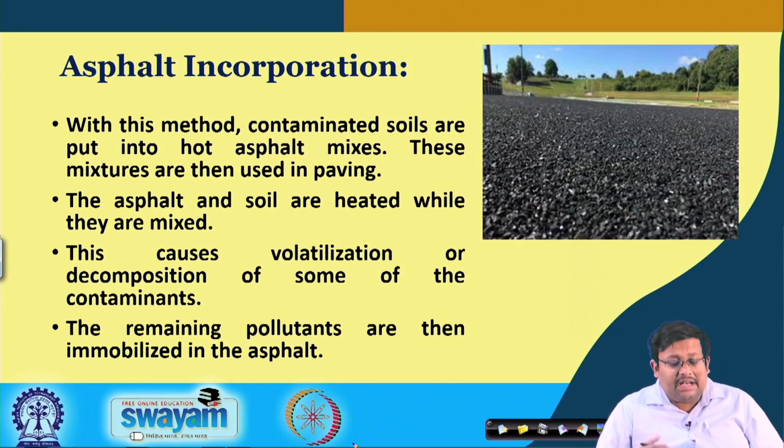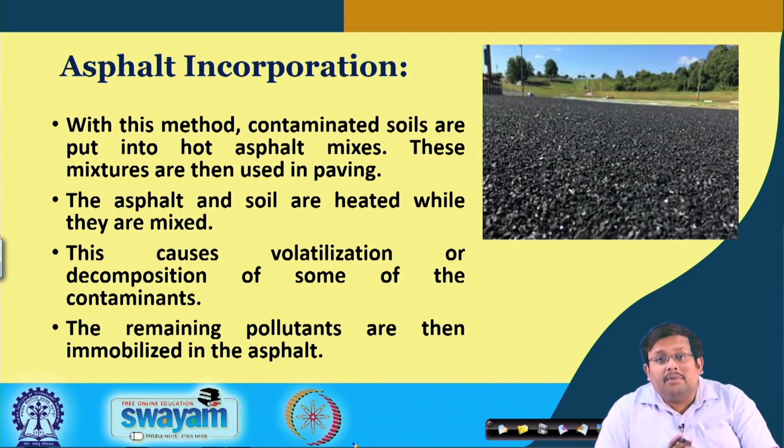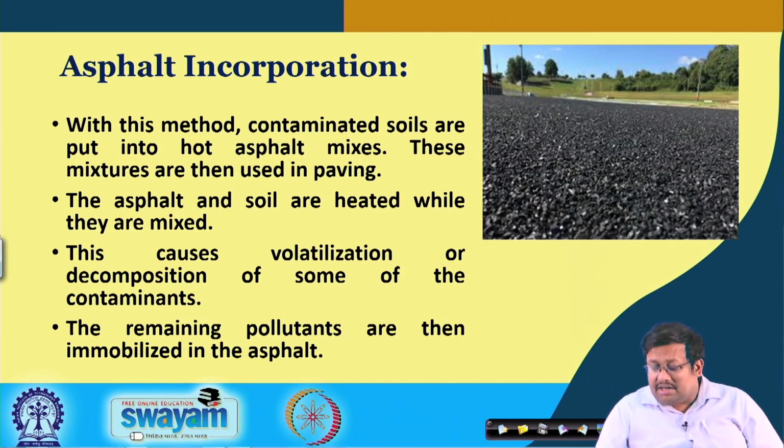While mixing the soil with the hot asphalt, it causes volatilization or decomposition of some of the components, and the remaining pollutants are then immobilized in the asphalt, which is a beneficial effect of this asphalt incorporation. So, this is a very important method for ground treatment or soil treatment in urban areas.